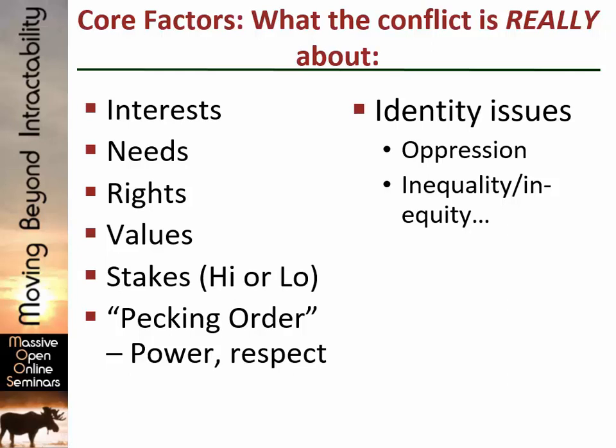Included in the core are the interests, and we will have a couple other videos that talk about the difference between interests and positions. But interests are what you really want to attain out of a conflict. Very fundamental interests are human needs.